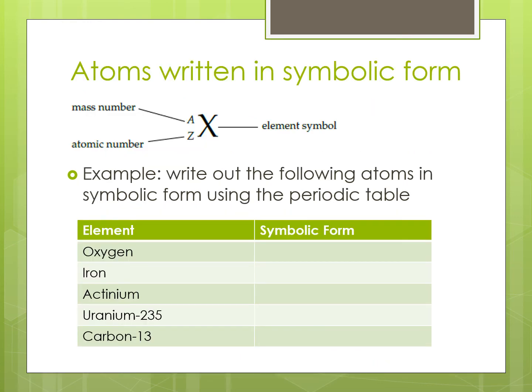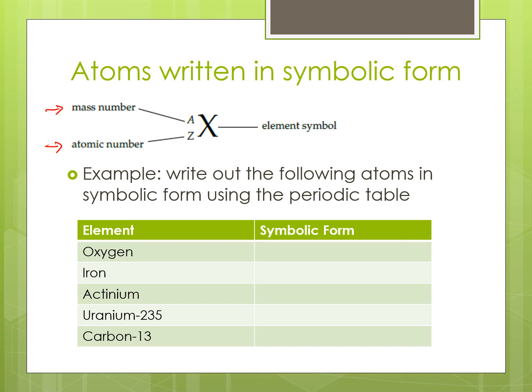Now, because of that, we need to be able to write it in a symbolic form. To write it in symbolic form, and yes, this is going to get a little bit annoying, the mass number goes on the top and the atomic number goes on the bottom.